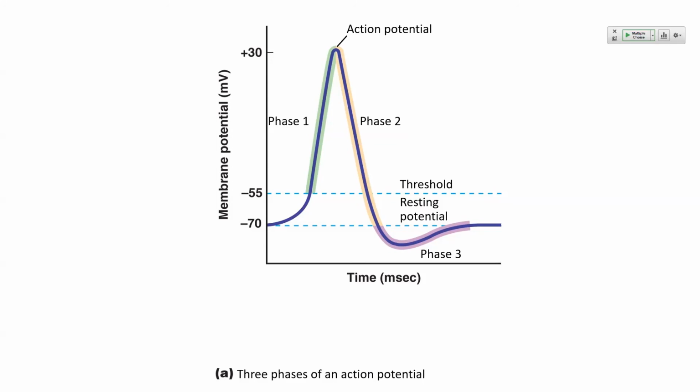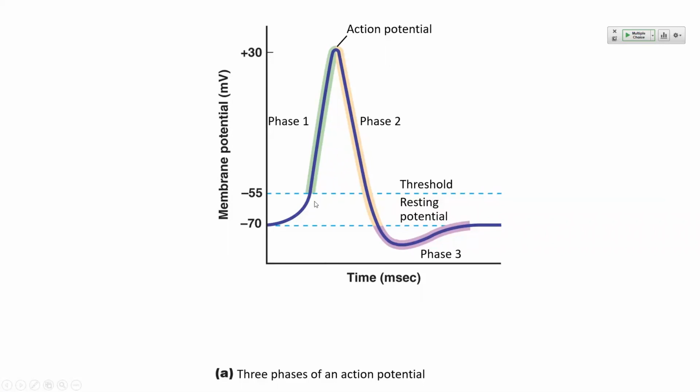Okay? So in this image, we can see membrane potential against time. And we can see this negative 70, which is where that neuron is, chilling out at rest, not receiving or sending any signals. And then we can see what happens as that membrane potential becomes a little bit less negative or more positive. And when it gets to negative 55, something really important happens.